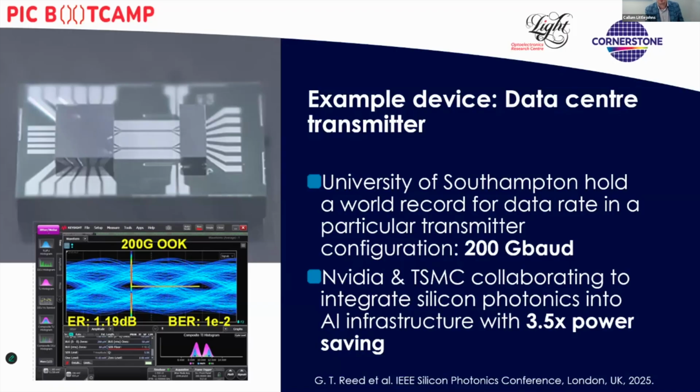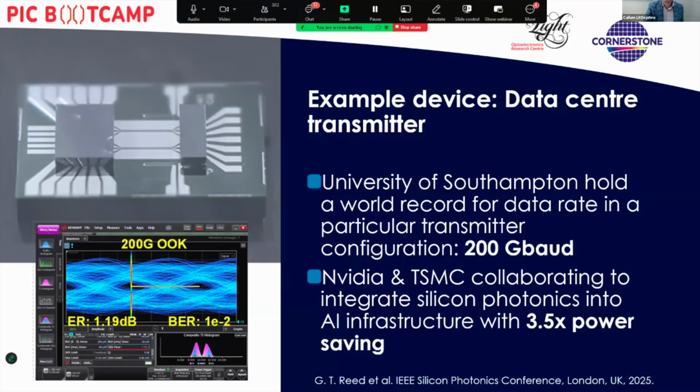We can demonstrate 200 gigabaud, or 200 gigabit per second, data streams generated in an all silicon solution. And like I've already said, the appeal of this compared to, say, an electronic signal is that we can save power; NVIDIA's marketing says about 3.5 times the power consumption.